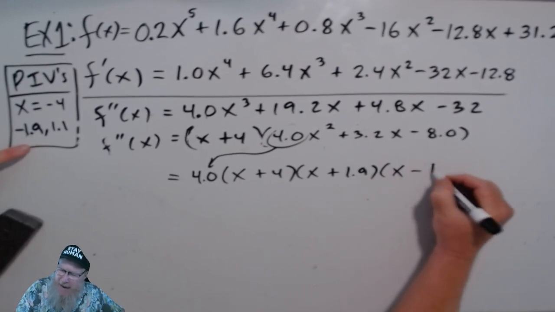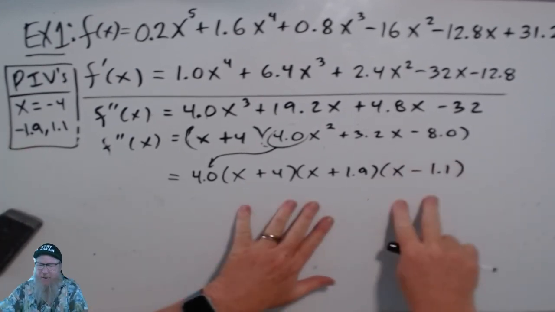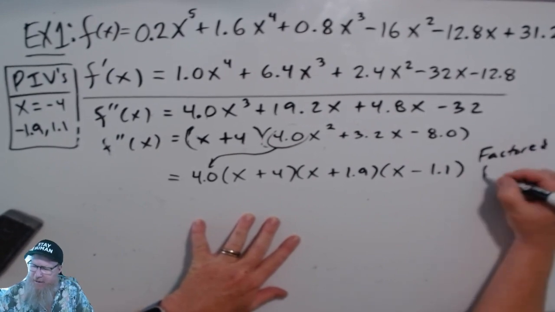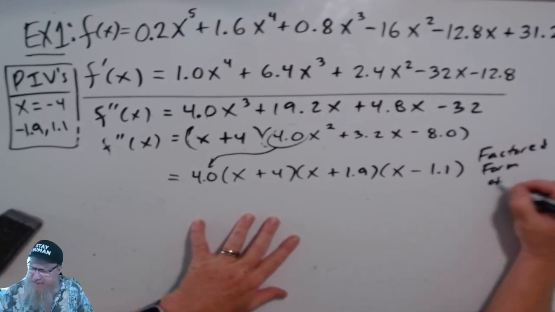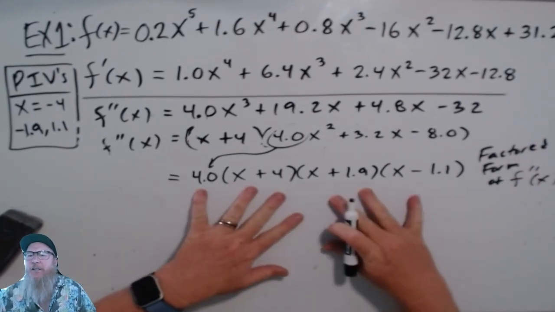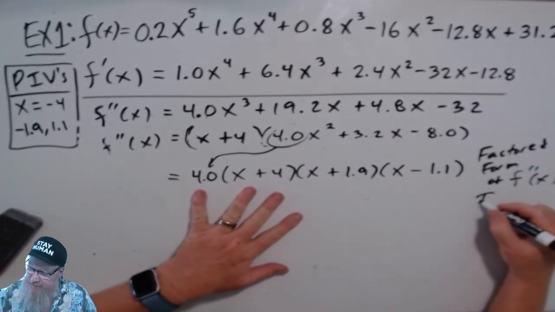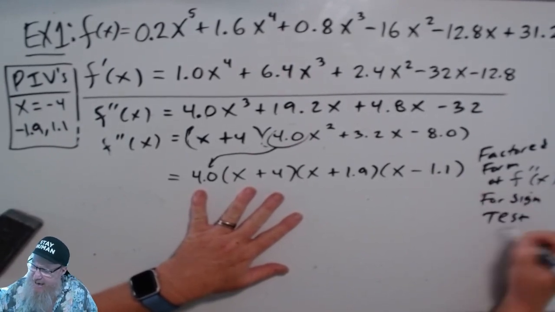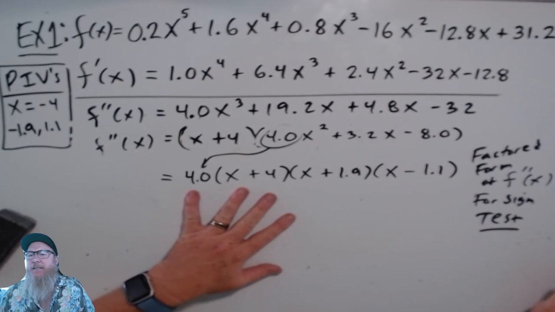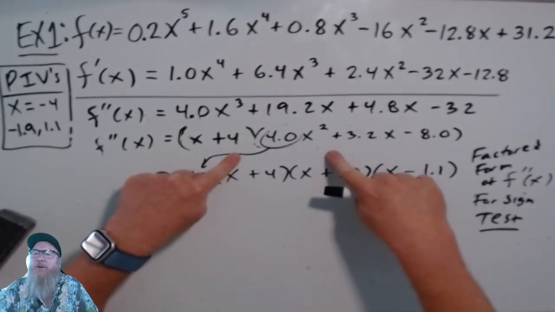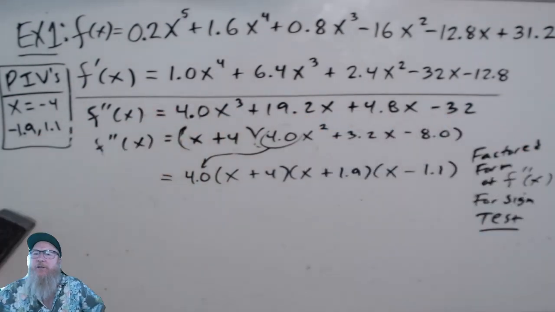And then x minus 1.1. So this is what's called the factored form of the second derivative. It's much easier to do the sign test, or the second derivative test, with this version. But you could also use this version, or you could use the original version. It's really up to you.